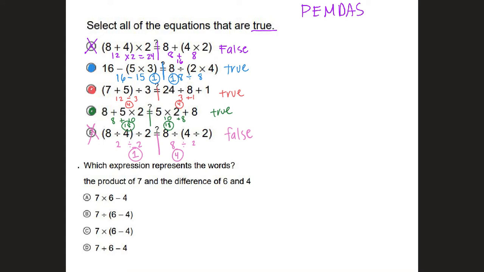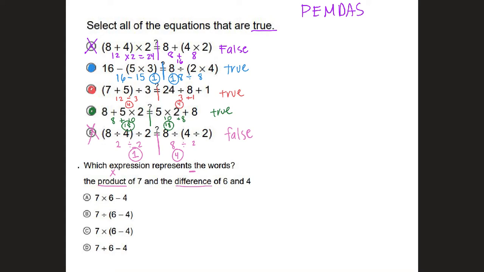Which expression represents the words, the product of 7 and the difference of 6 and 4? I have some key words here. Product, difference. I know product is the answer to a multiplication problem. And I know that difference usually is related to subtraction.